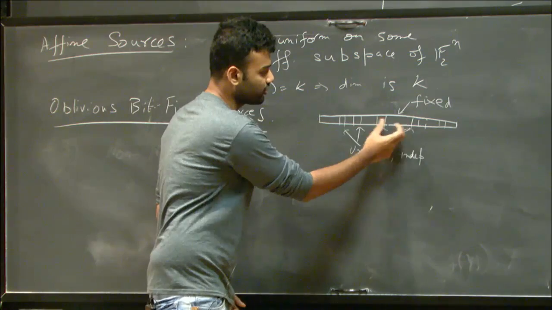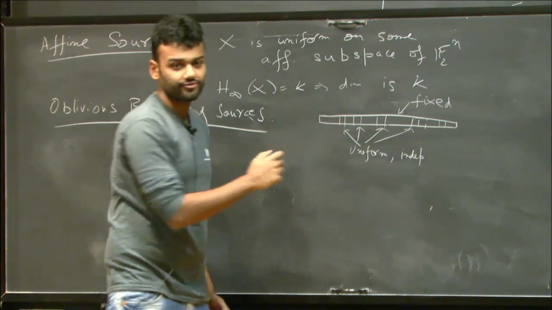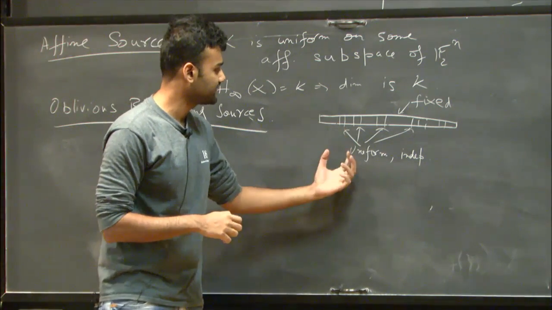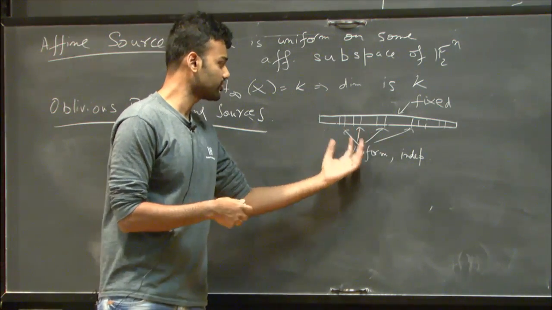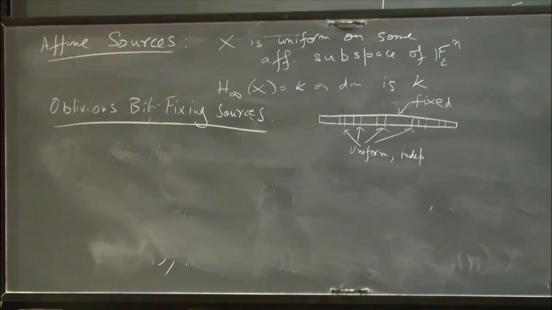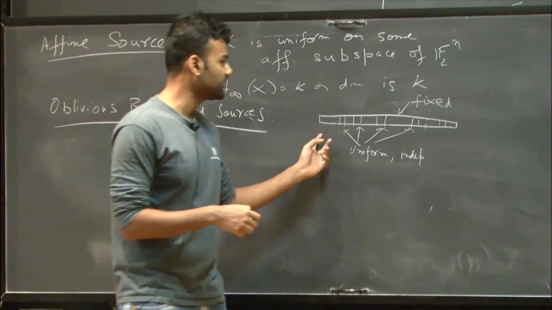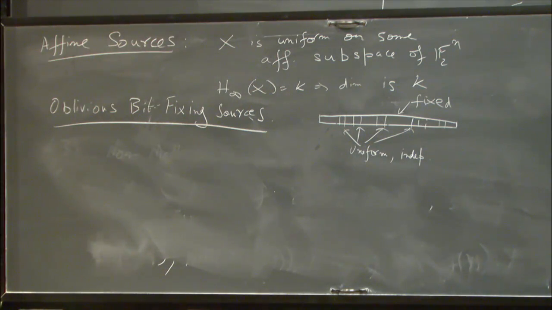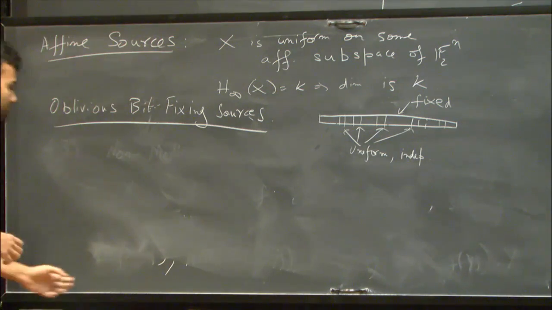So these bits do not even depend on the random choices of the random bits. They are fixed bits, and then there are some unknown coordinates which are uniformly and independently sampled. So a very easy extractor just to get one bit is taking the parity of all the bits.